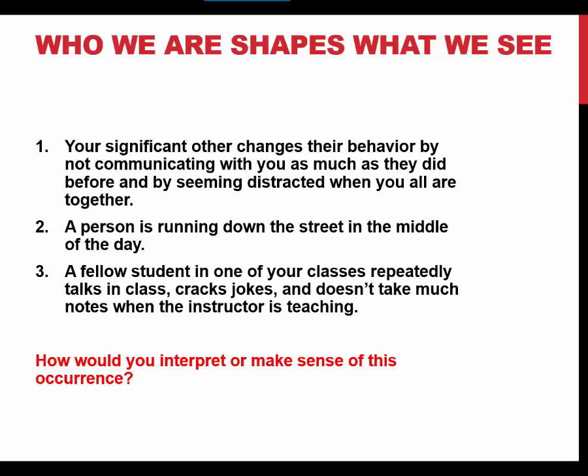And this idea of perspective and the fact that our own experiences and who we are can shape what we see is the concept or the idea that I would like to get started with in this lecture.